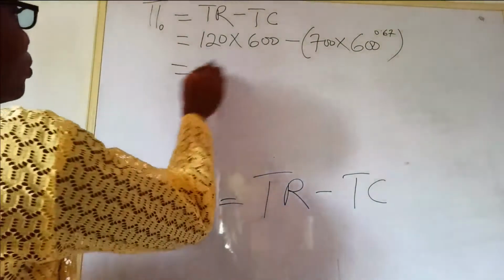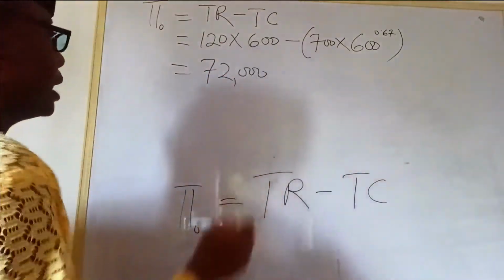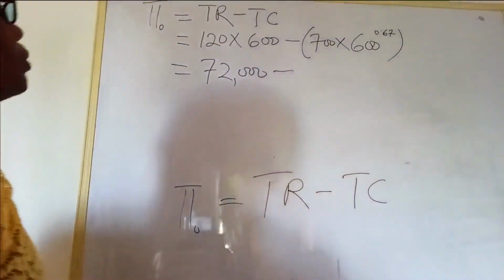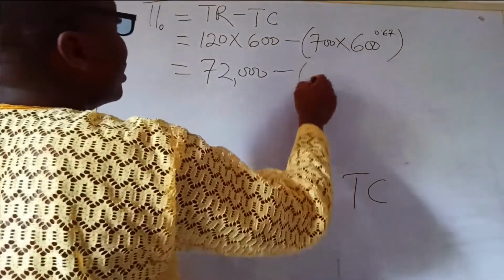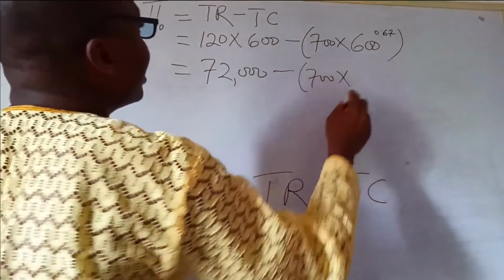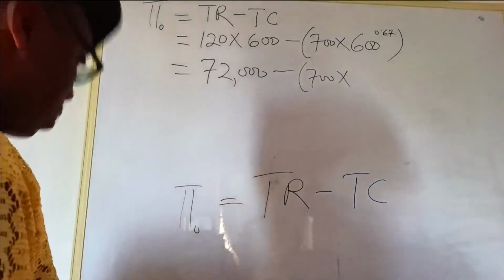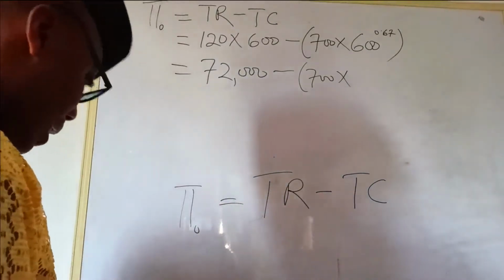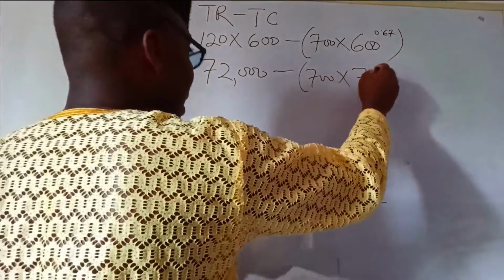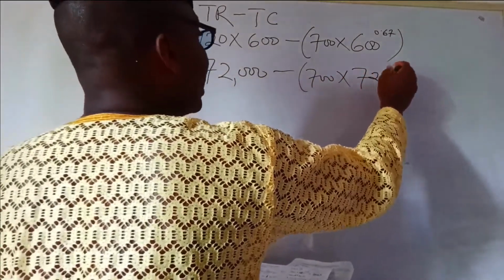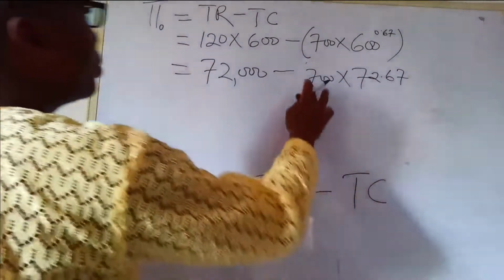So when you work this out, 120 times 600 is 72,000. Then you have 700 times 600 raised to power 0.67, which will give you 72.67.